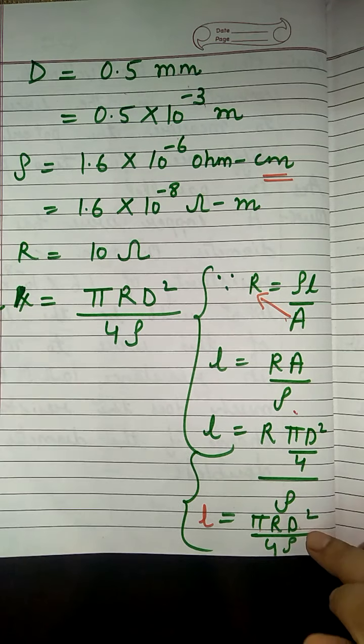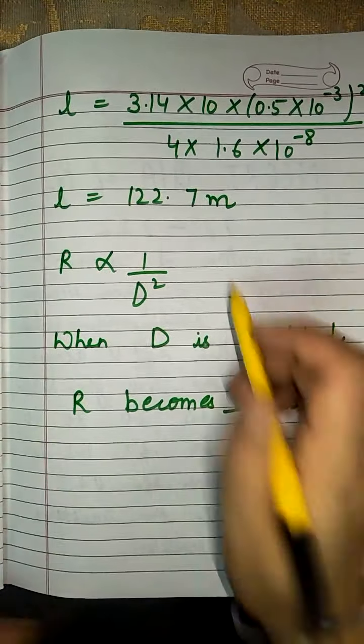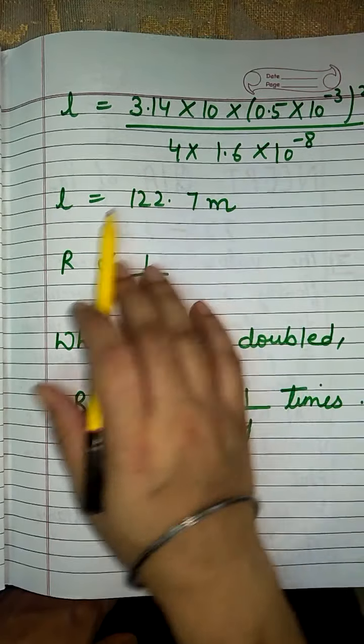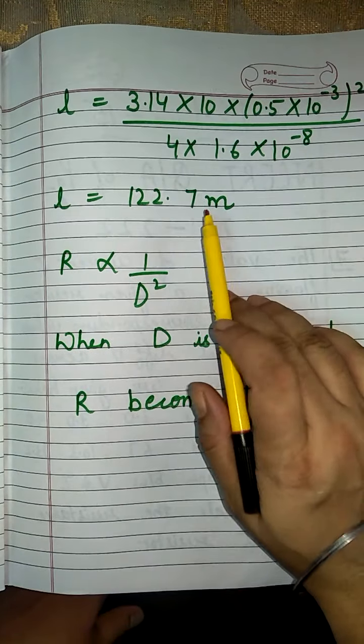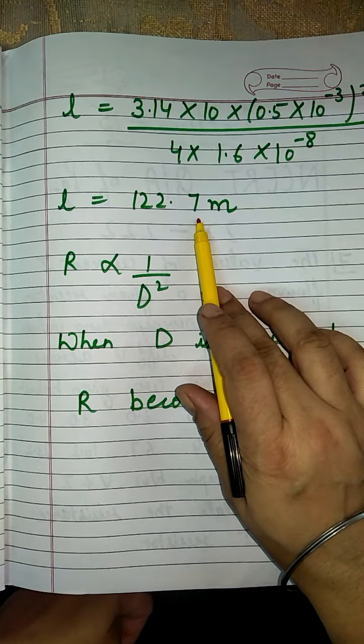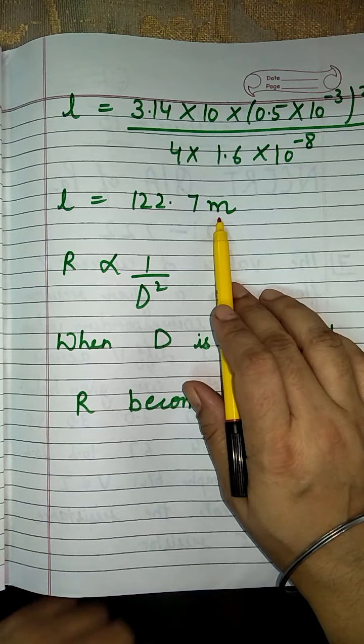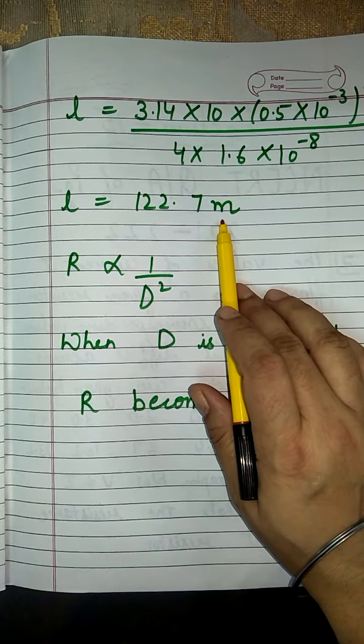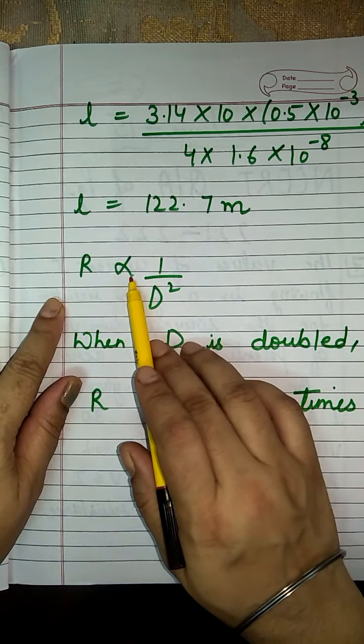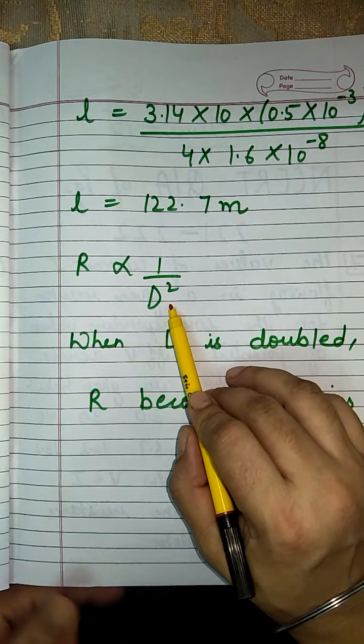So this is the formula. In this you are going to put the values. When you put the values, the answer will come out to be 122.7 meter.